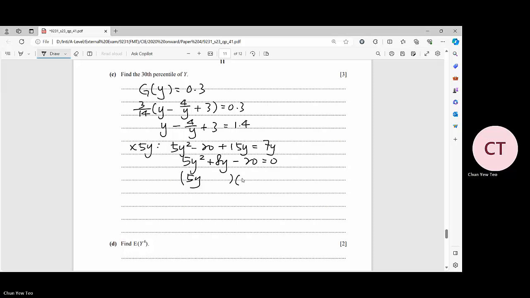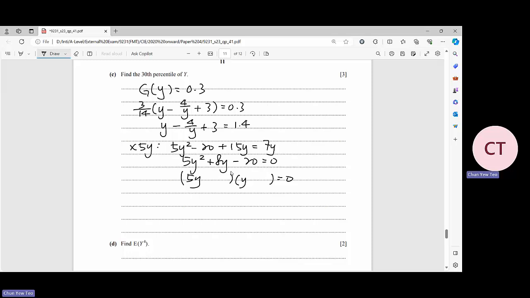Factorize it. I think I cannot factorize it.